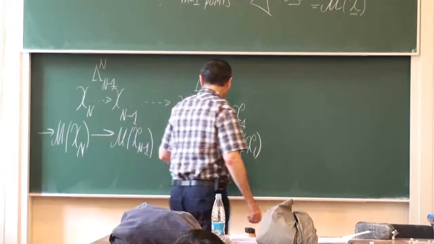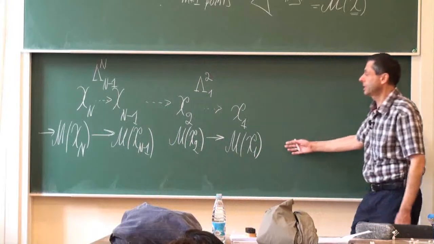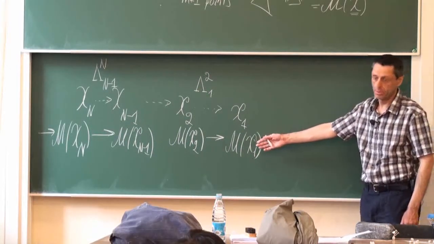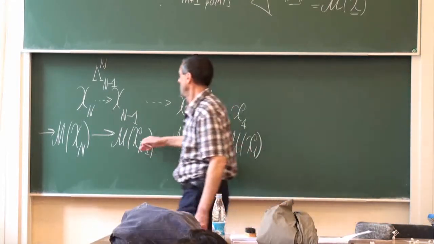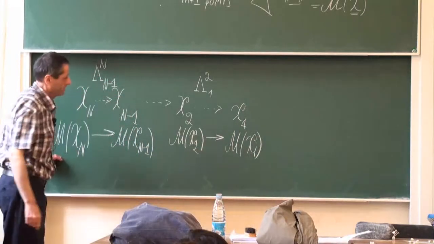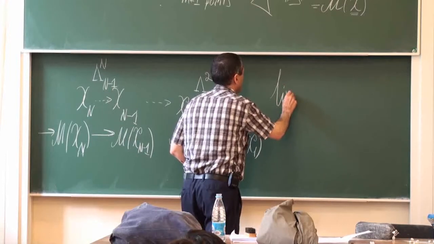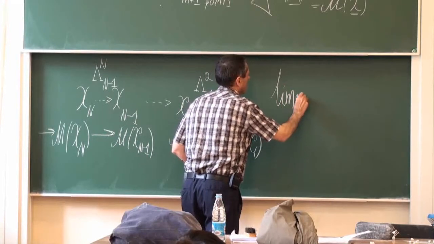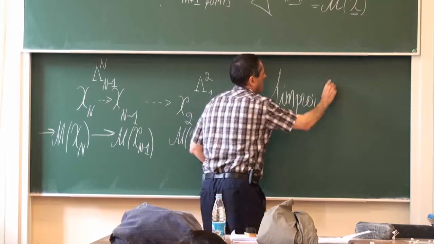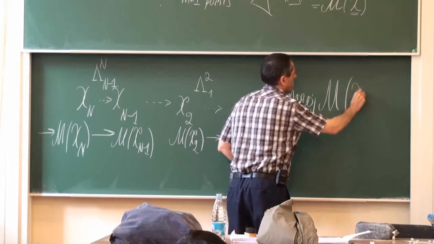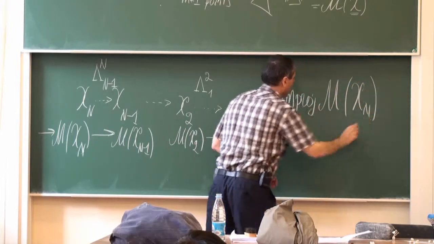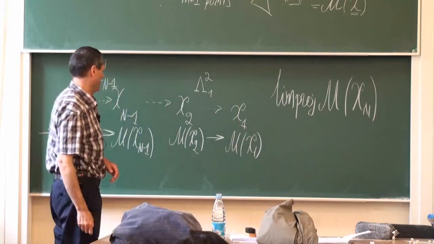So I want to take the set theoretic projective limit of this sequence of ordinary maps. So I can form the projective limit of these spaces. What is an element of such a projective limit?